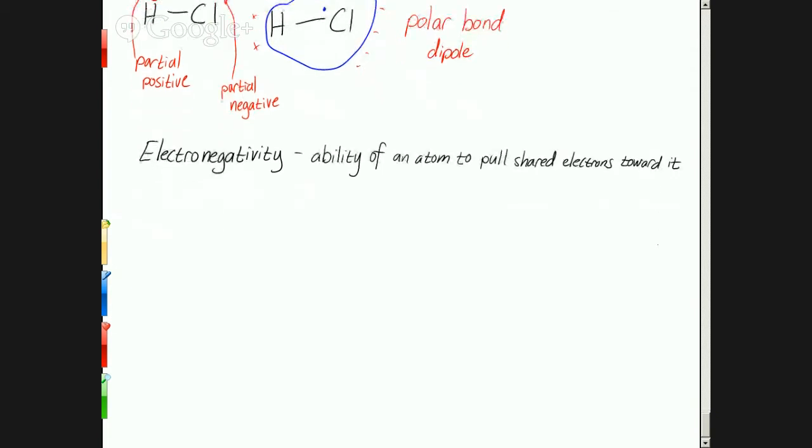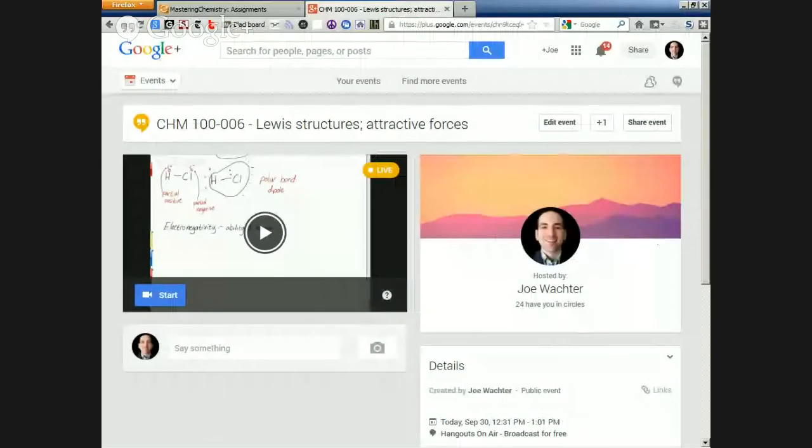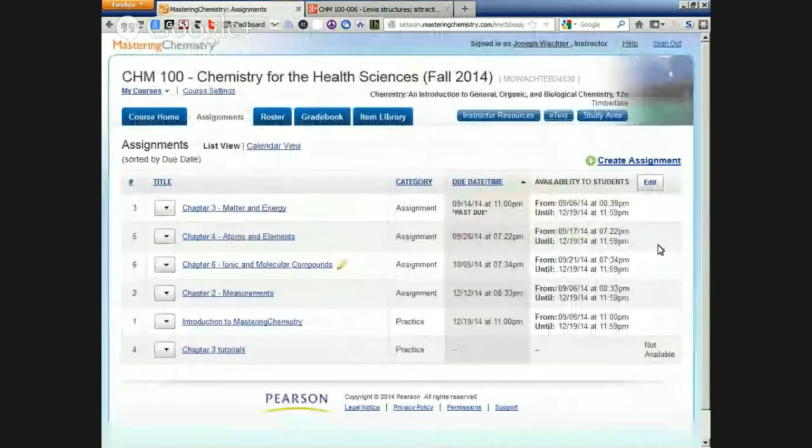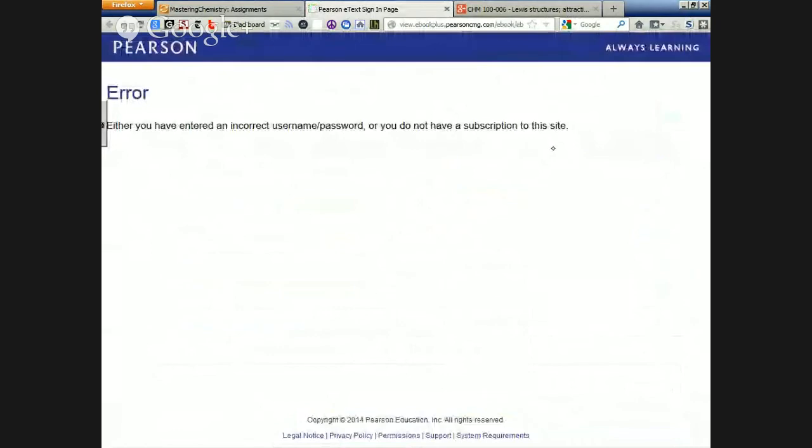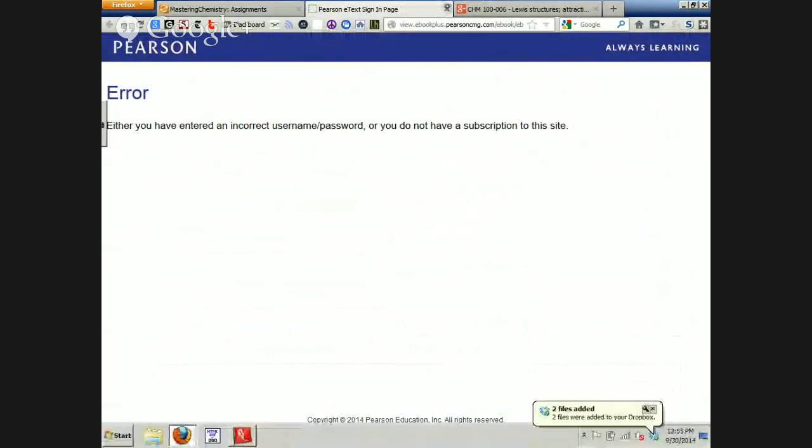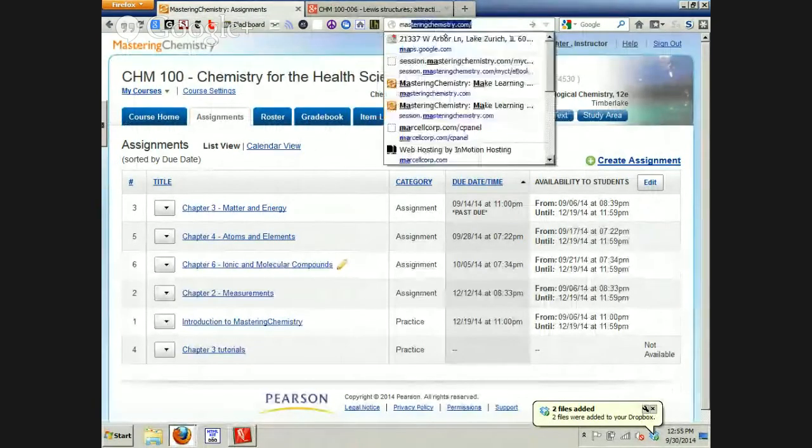To find out the electronegativities, we can actually look that up on a table. Do I have it set up? Let me, I have to log back in here, I think. It's going to let me get the book. Nope. Let me pull these pictures from the book here.